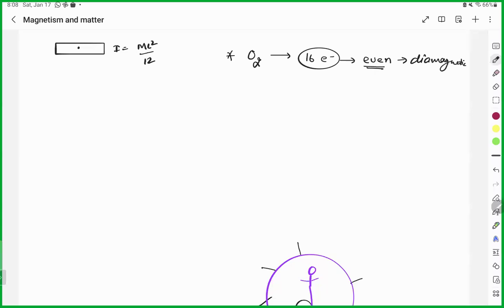No, sir, paramagnetic. Why? It is even, it should be diamagnetic. Sir, it has two unpaired electrons, I think.